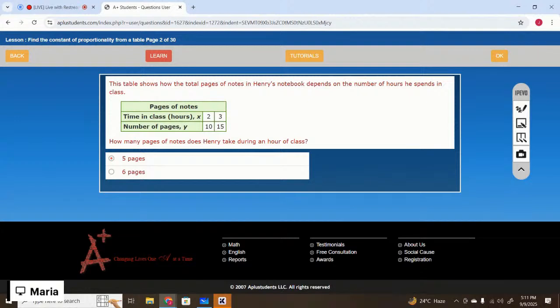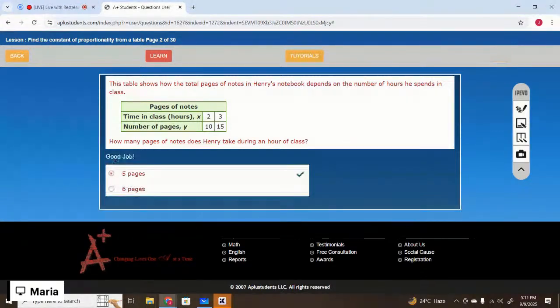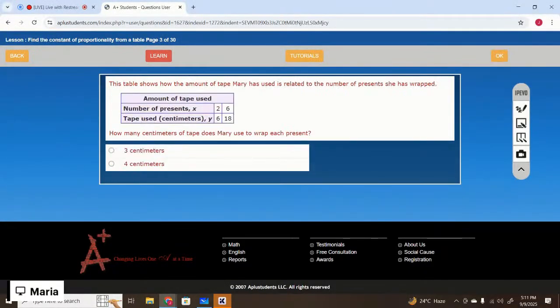The table shows how the amount of tape Mary has used is related to the number of presents she has wrapped.